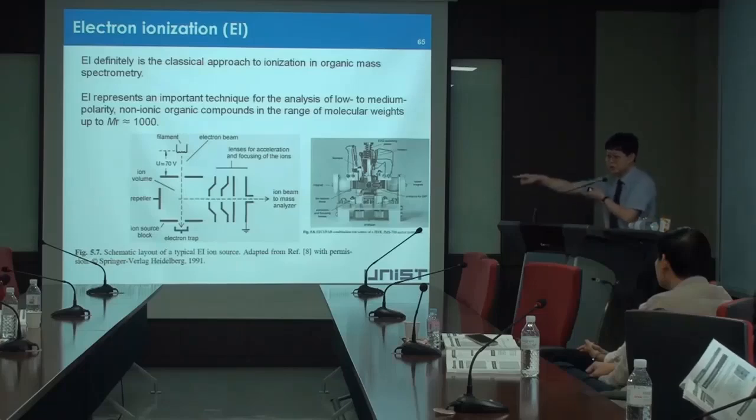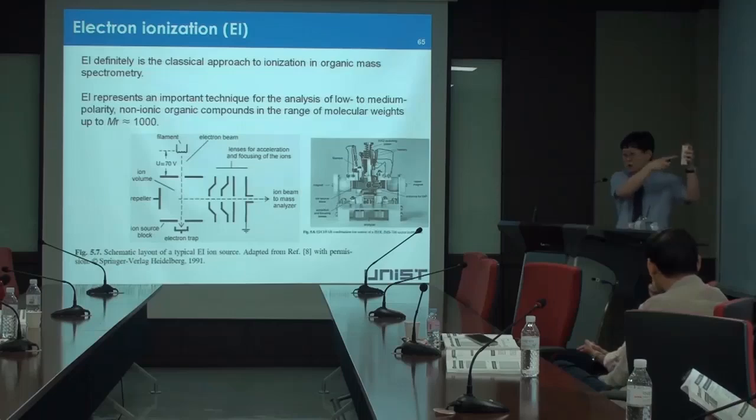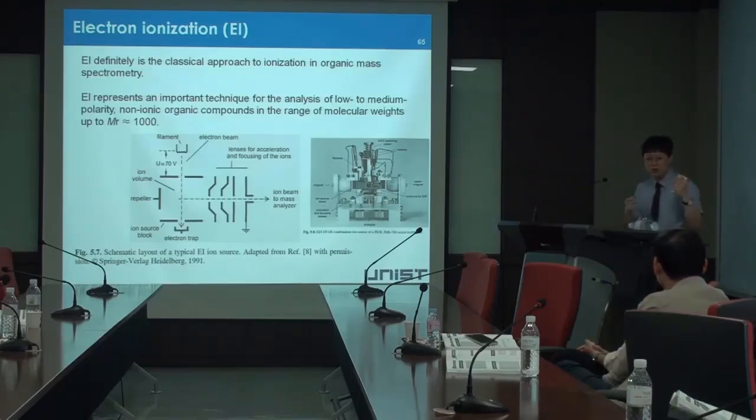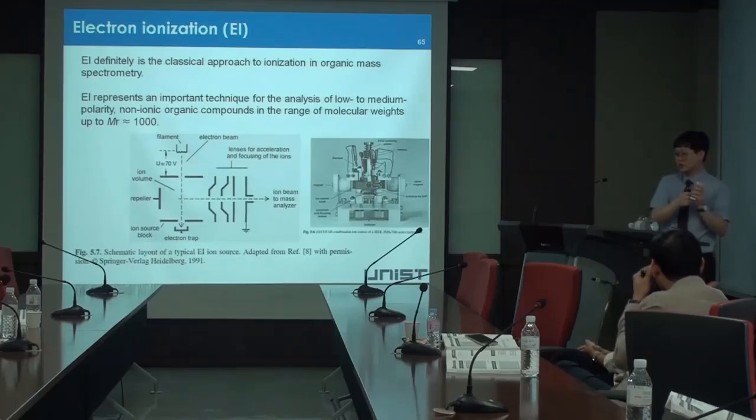There is a continuous ejection of electrons. When our sample molecule enters this area, there is an electron beam at the bottom. Okay? Then some molecules are hit by an electron, and the molecule loses one electron or two electrons.